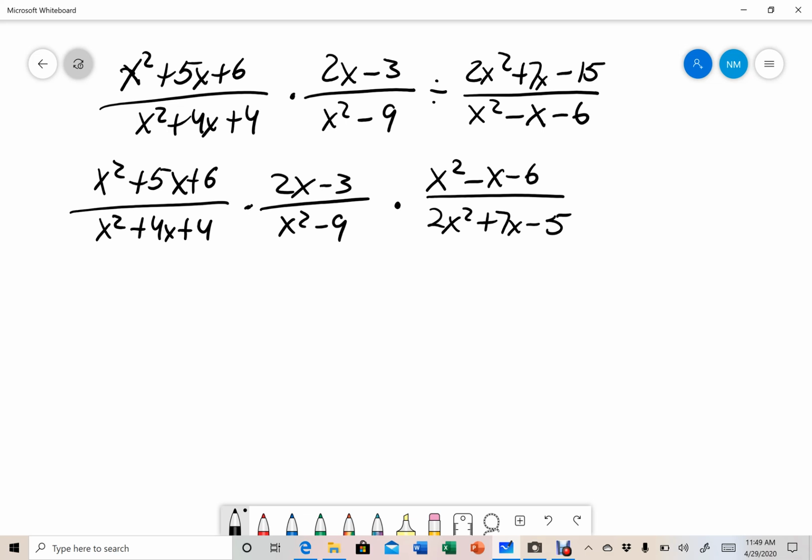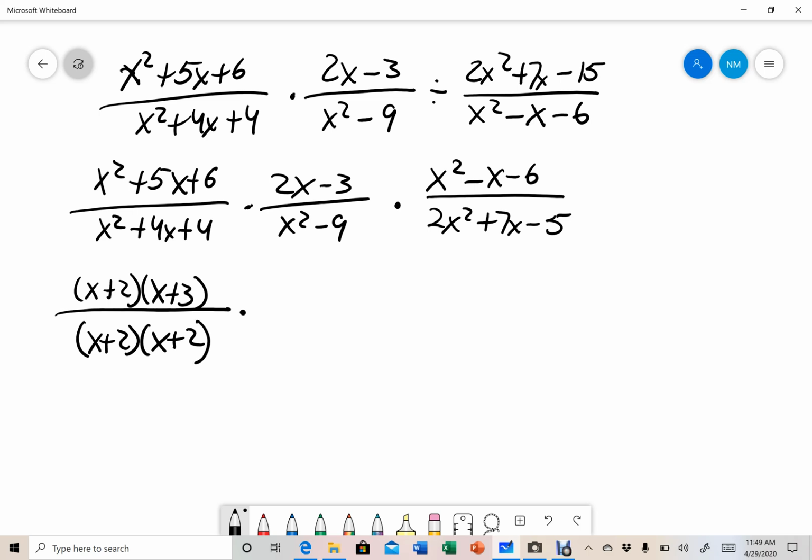Okay, so I take my first one here, x squared plus 5x plus 6 factors to x plus 2 times x plus 3, over x plus 2 times x plus 2. Okay, that's our first one.